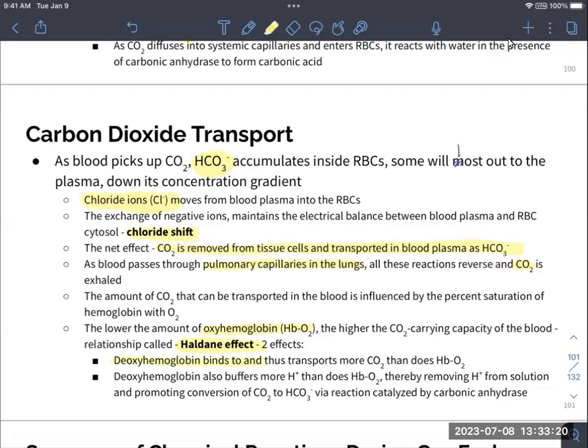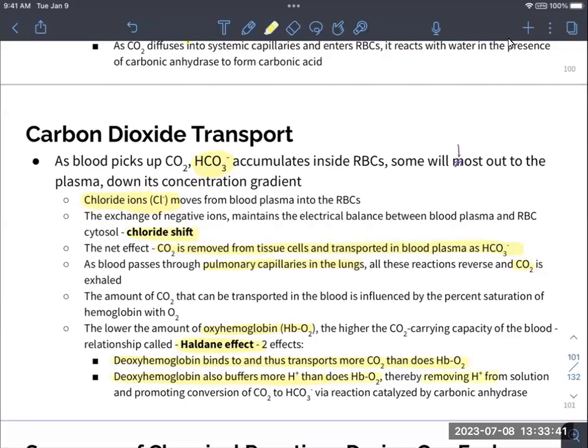Deoxyhemoglobin binds to and transfers more carbon dioxide than does oxyhemoglobin. Deoxyhemoglobin also buffers more hydrogen than oxyhemoglobin.